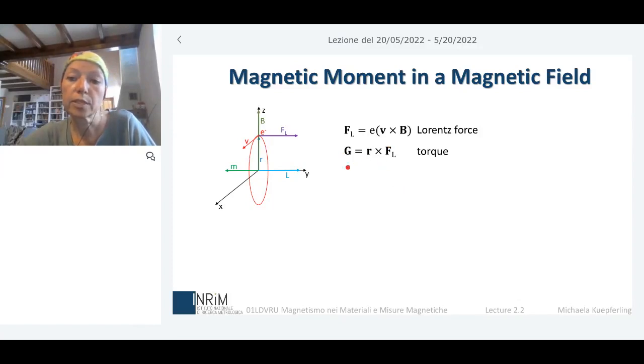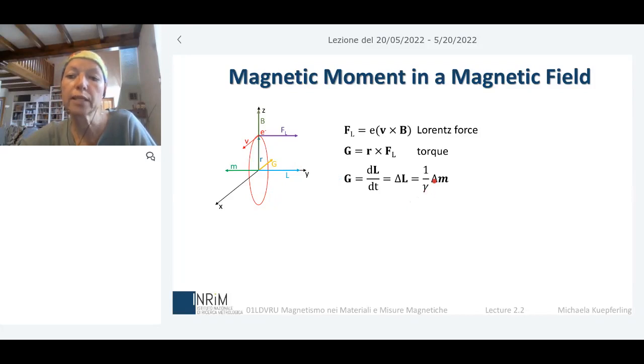The torque is proportional to R cross the force. If we have a torque, then we will have a change of angular momentum. So the torque is in the minus X direction, since it's R cross the force, and in this way we will have a change of the angular momentum also in the minus X direction.